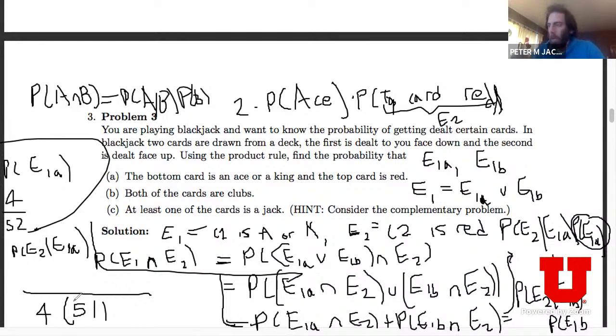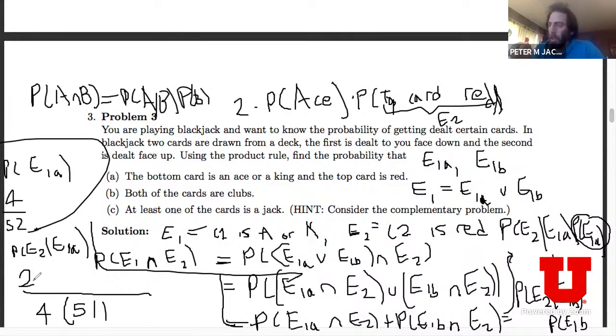And then in the numerator, we want to compute the probability of the event E2, that the card is red. And this is exactly what Yu was talking about, that there are a total of 2 black aces.